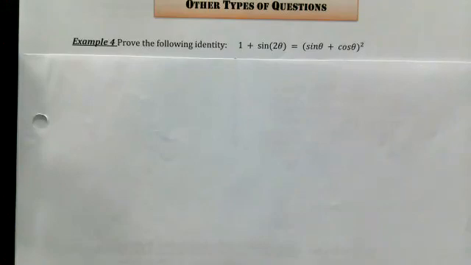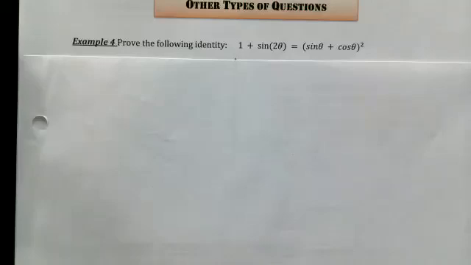So prove the following identity: 1 plus sine of double theta equals sine theta plus cosine theta, everything squared. Now, to be honest with you, I don't think I ever put a double angle identity in tests because they're so rare that you don't really need to use them.